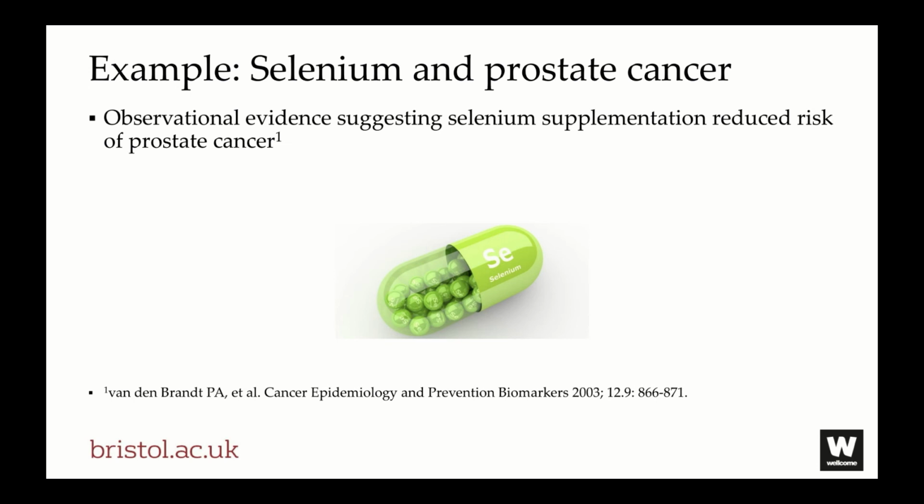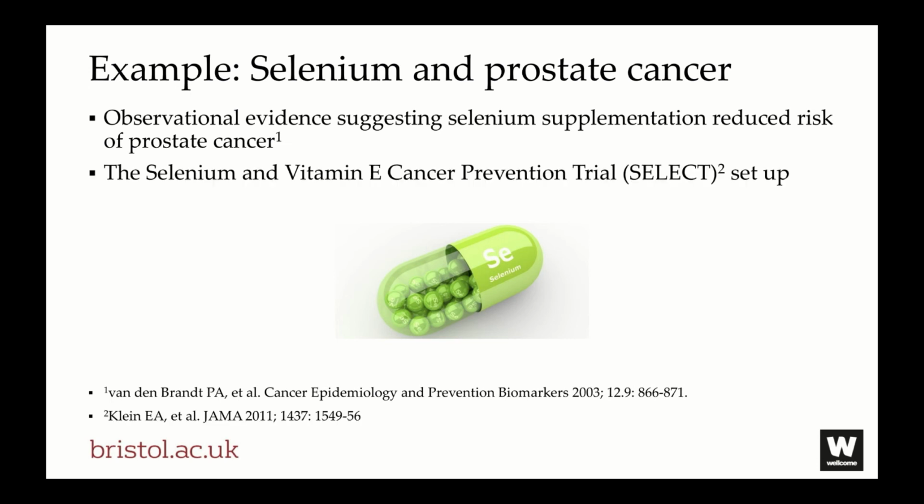About 10 years ago now, there was lots of observational evidence suggesting that selenium, which is a blood metabolite that you can obtain through various supplements or specific dietary intake, reduced the risk of prostate cancer quite substantially, by about 25% with almost minimal supplementation.